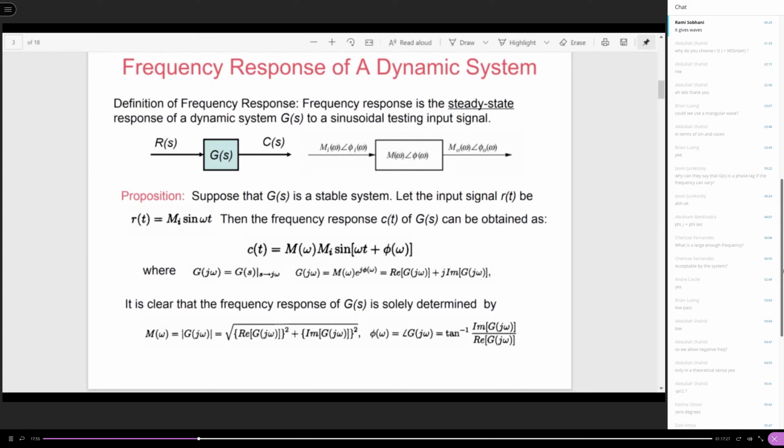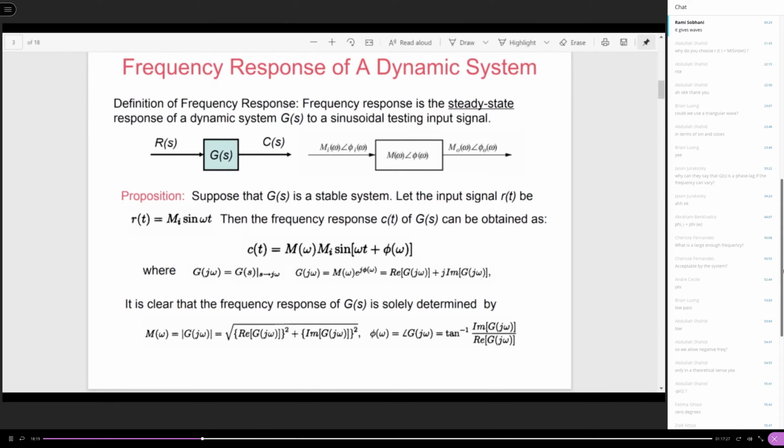Instead, it will oscillate too, at the same frequency as the testing input signal. But the magnitude will be different, and also the phase with respect to the sinusoidal testing input signal will be different.